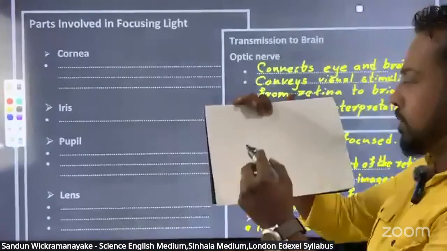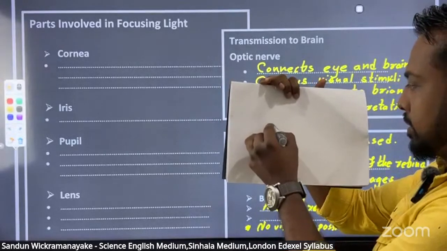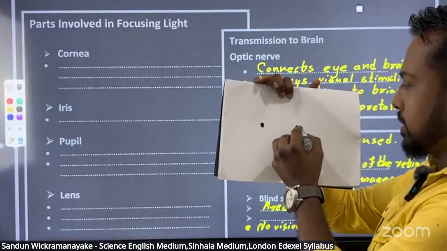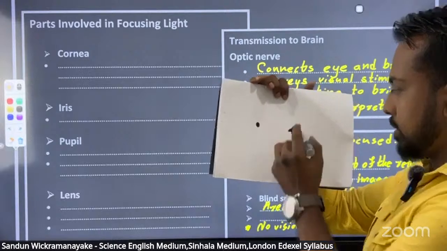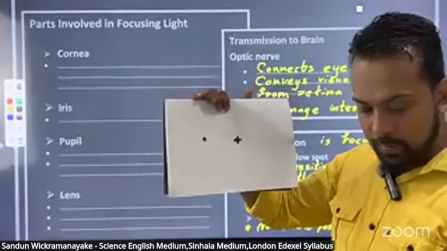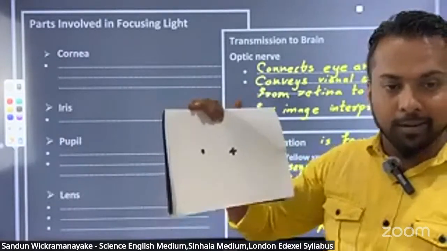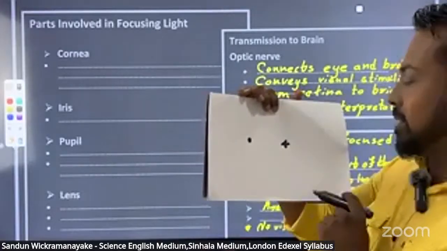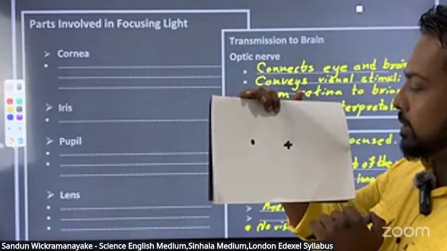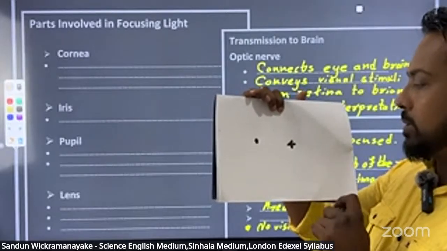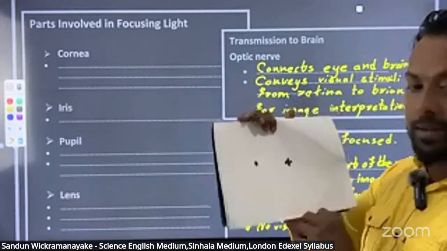You need to draw a dot and a cross like this, with some distance between them, like 4 inches, right?